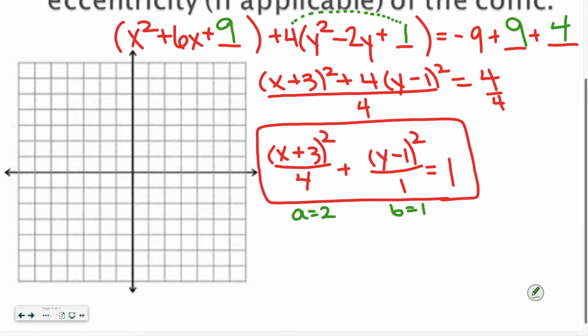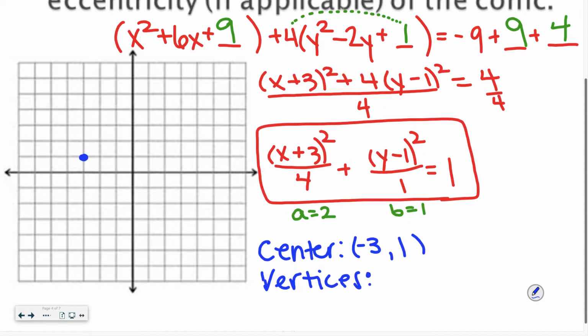Okay? So, our center, h comma k. Kinley, where's our center? Negative 3, 1. Always make them opposite. Negative 3, 1 is our center. Okay? Our vertices. And sometimes you'll hear me call these major vertices.